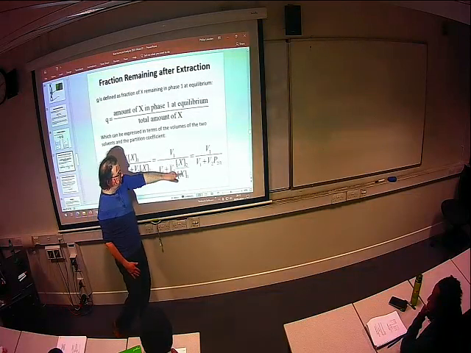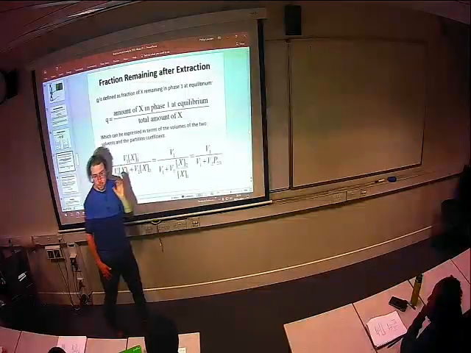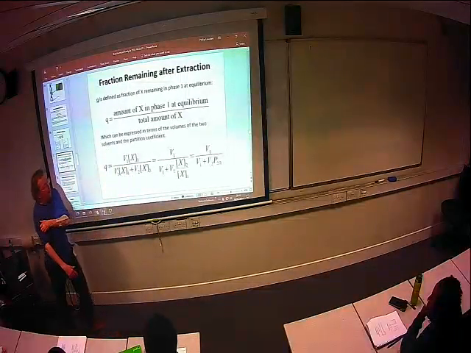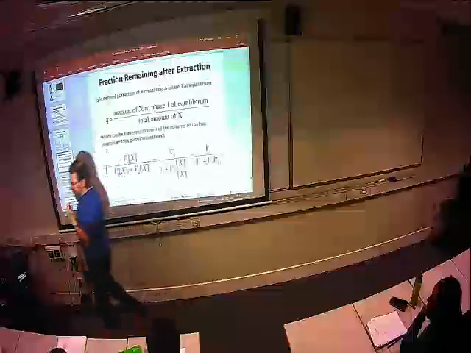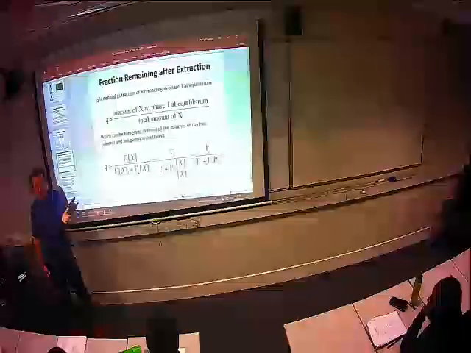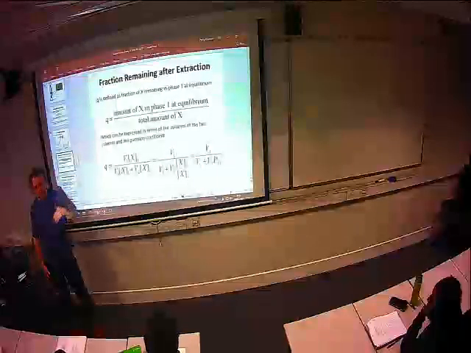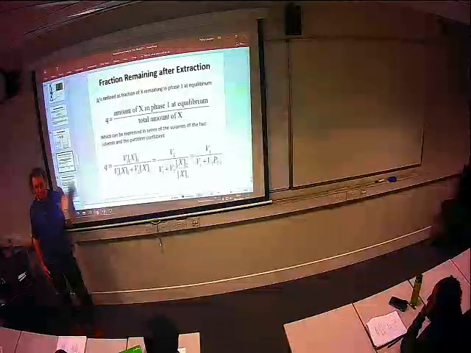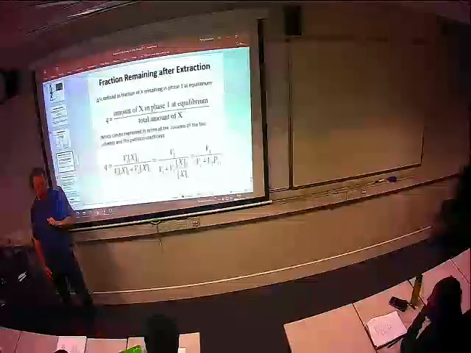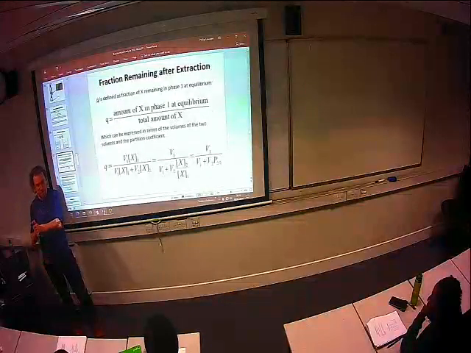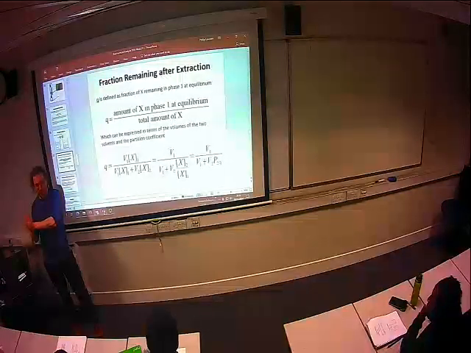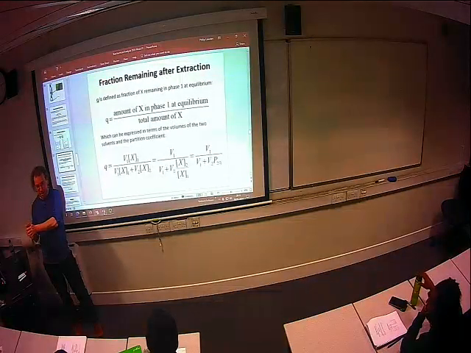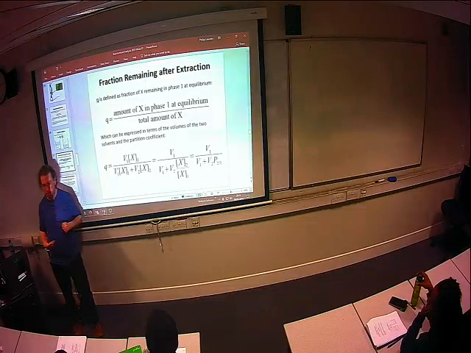The partition coefficient is the ratio of the two concentrations, and it is going to be a constant for a particular molecule and a particular pair of solvents. So if we know what we're extracting, and there's some understanding of how it behaves, we already know what that partition coefficient is if it's a system that's been worked on before.